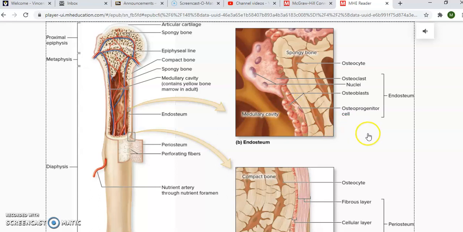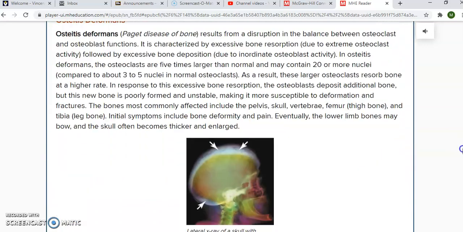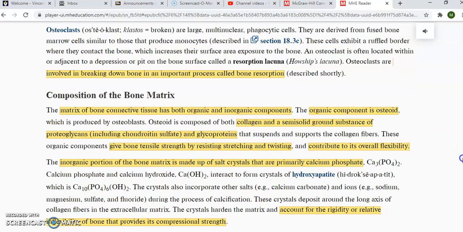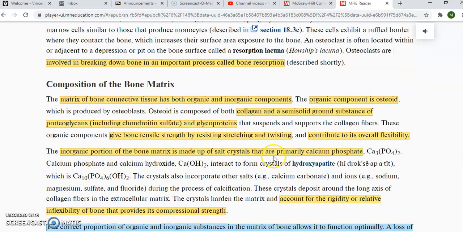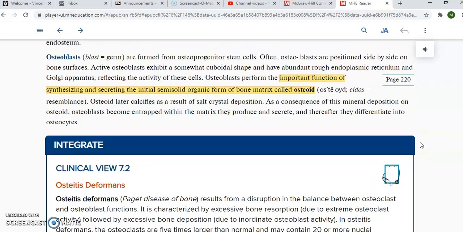osteoid. Let me see where that term is, because it's a term that we'll need to know. I could probably look under osteoblast and it'll say it. Yes, osteoid. Osteoid is essentially the organic molecules, and again, it's collagen primarily, those fibers.